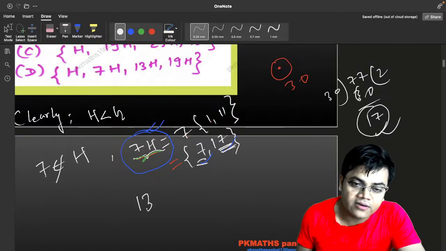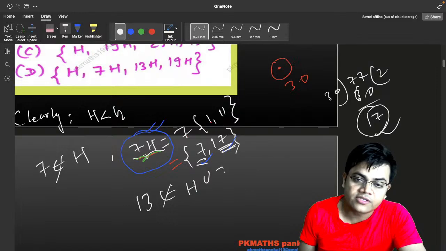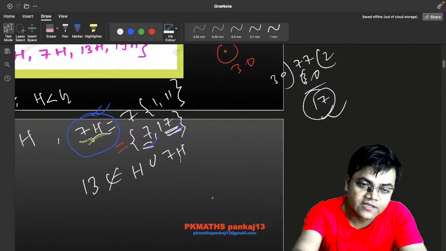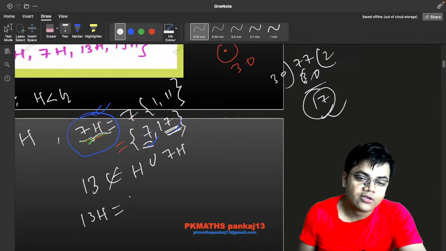We shall take 13, because 13 belongs neither to H nor to 7H. So we will concentrate on the left cosets like this, 13H. So it will become 13, 1, 11.